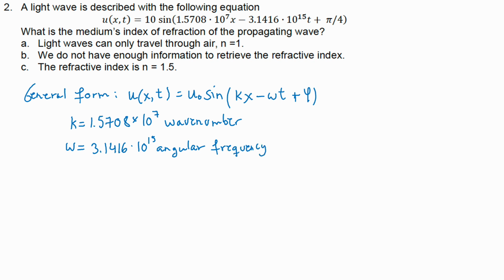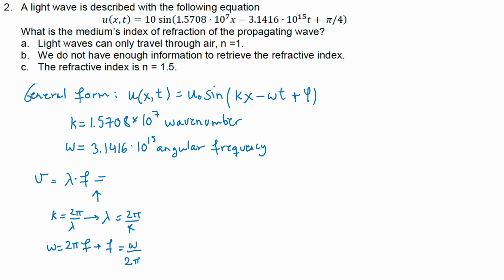Alright, so the velocity, which is what we're gonna find out, is our wavelength multiplied by our frequency. We know that the wave number is 2 pi over the wavelength, so the wavelength is 2 pi over k, and our angular frequency is 2 pi times our frequency, so the frequency is omega over 2 pi.